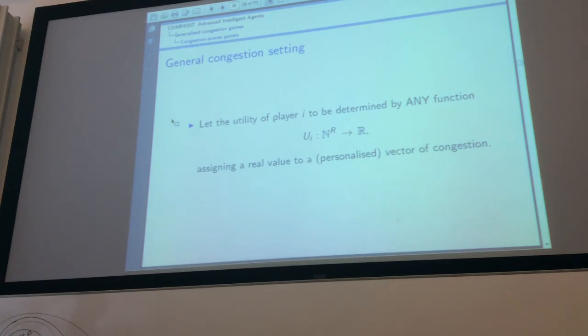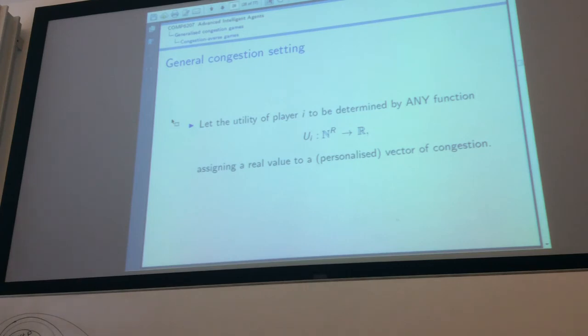So that's a very general model, and of course we cannot expect good behavior from that model, so we would have to make some assumptions to conclude some positive properties.